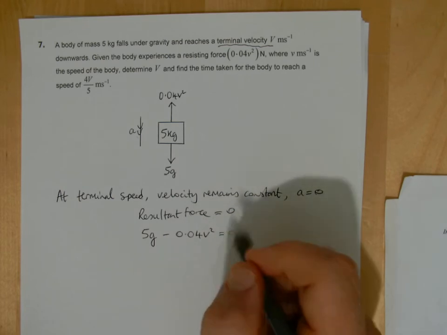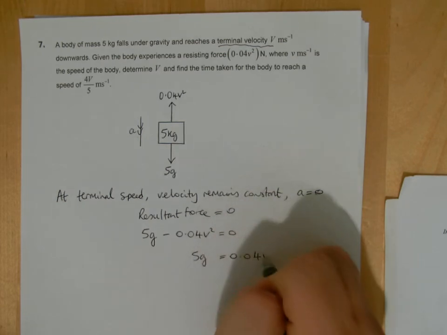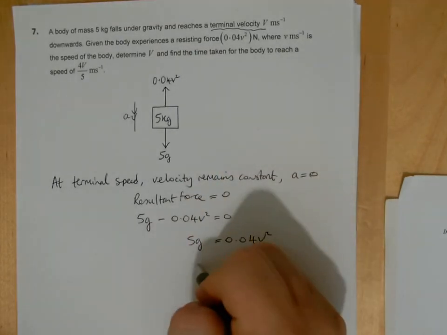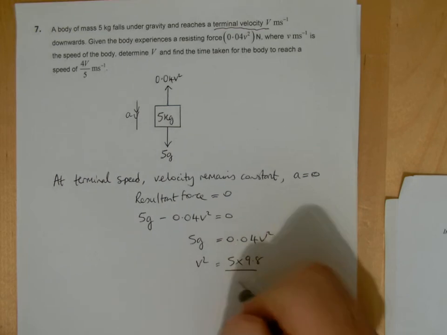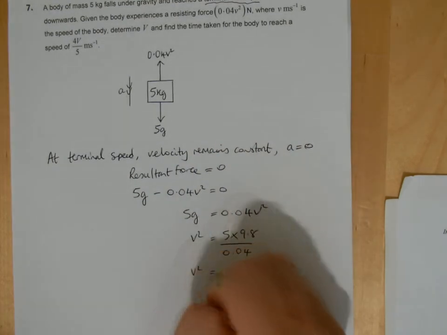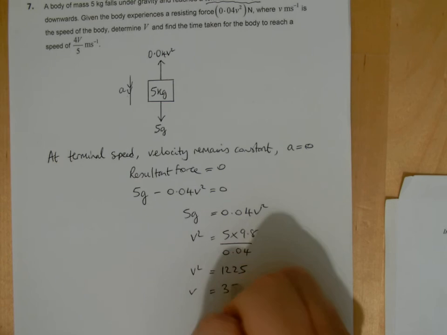And therefore your 5g will equal 0.04 v squared, and you can work out v squared from there. So v squared will equal 5 times 9.8, the value for g, divided by 0.04. So v squared turns out to be 1225, which means v then is 35.